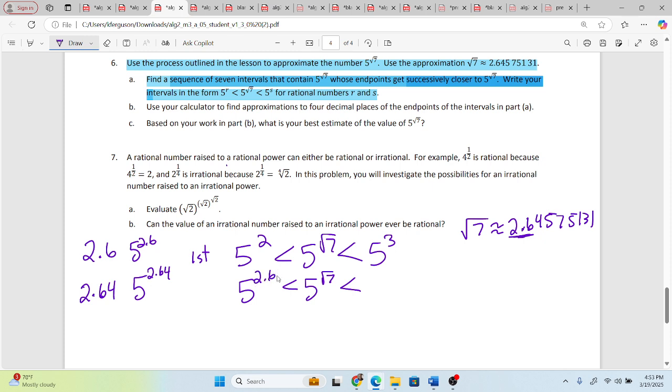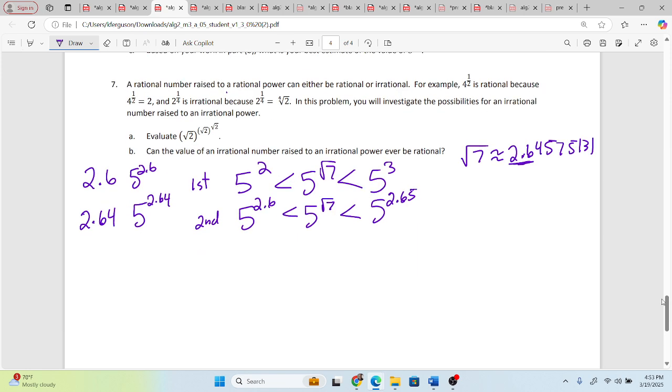You can kind of think of it like 2.60 if you want. So, right? Because this number is 2.64. So then what does that mean this number is? Well, that's going to be 5 to the 2.65. I just went one digit over what this number was representing. And see, I've already gotten closer. And that's my second interval. I got 7 to do. So on to the third, right?